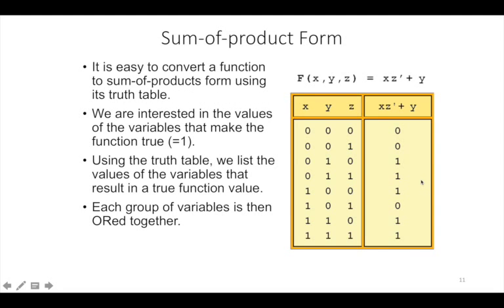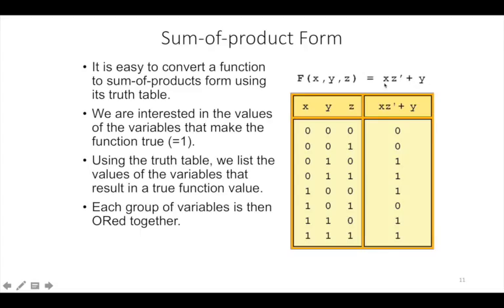The sum of products form is easy to obtain if we have the truth table of the Boolean function. For example, say we have the Boolean function f of three variables equal to x z complement, or with y.